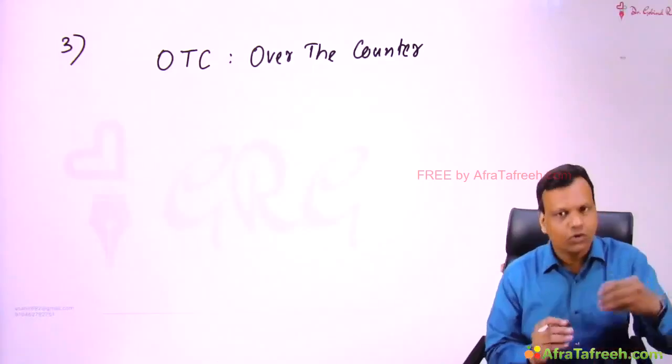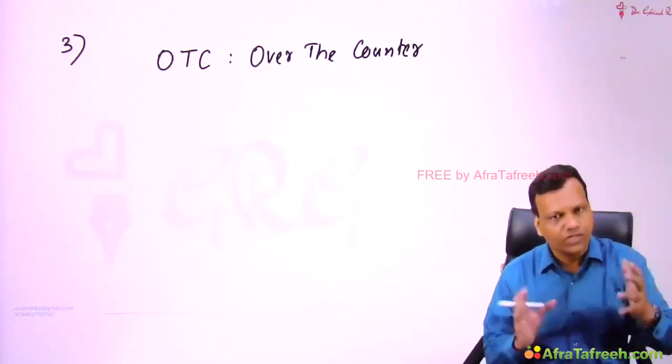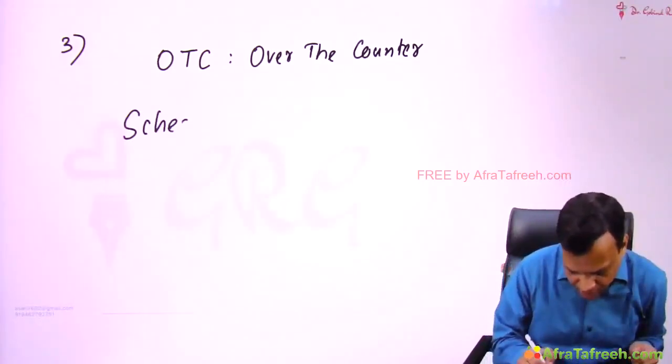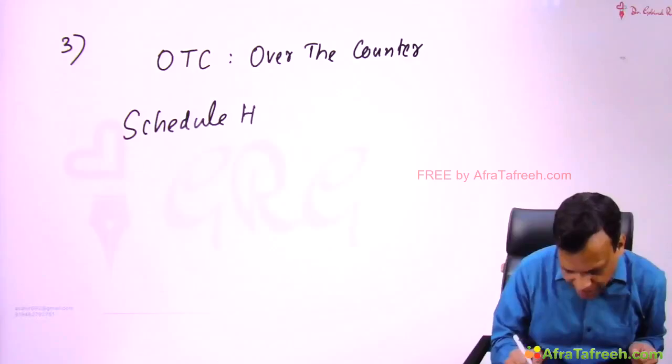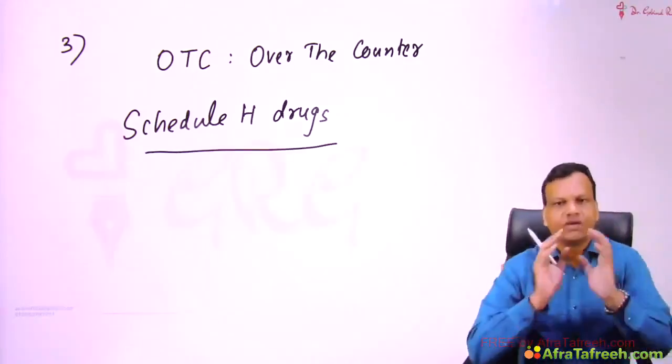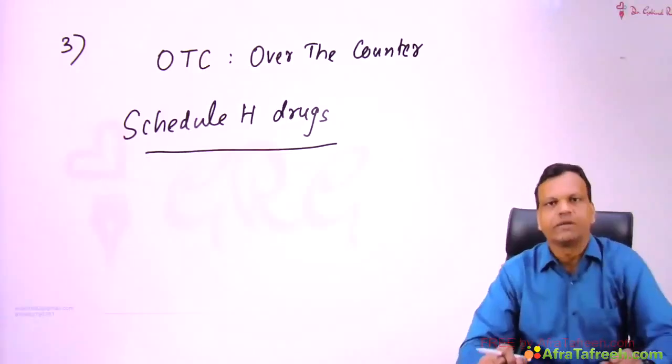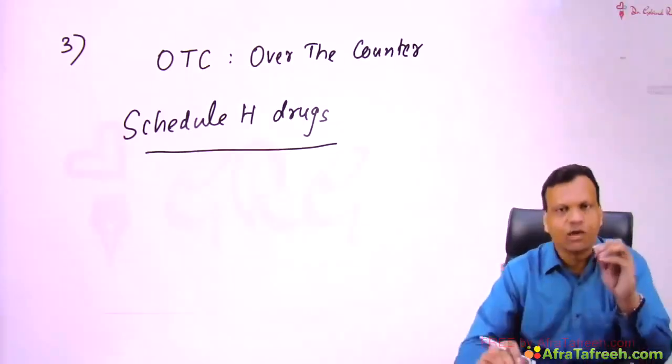So we go to the pharmacist, and they can give this drug without any prescription. Whereas the drugs which require prescription are called Schedule H drugs. Schedule H drugs are the drugs which should be given only on presentation of a prescription of a registered medical practitioner. They should not be given without prescription.